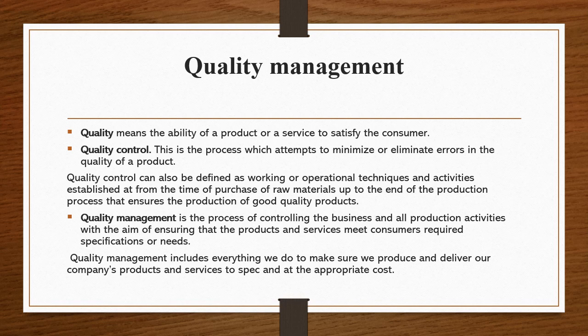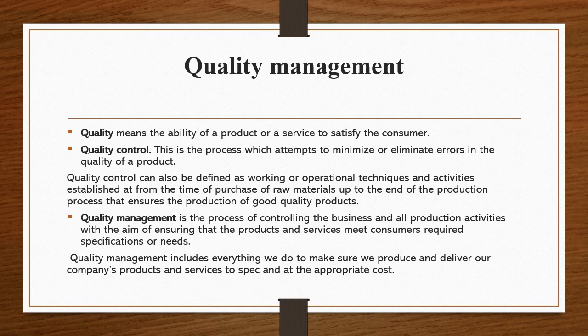So generally, quality control involves everything that is done right from the start, when raw materials are purchased, and throughout the stages through which the production of a certain product takes place, up to when the final product is put on the market, or when it is consumed by the customers. The whole process to keep its quality is the one that we call quality control.